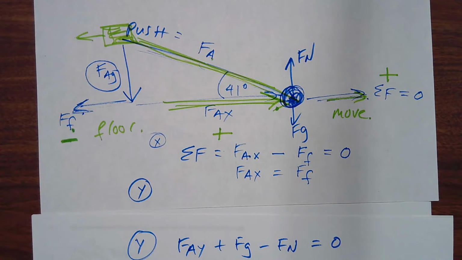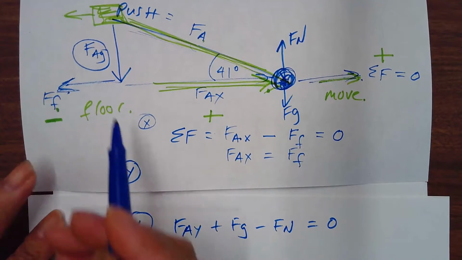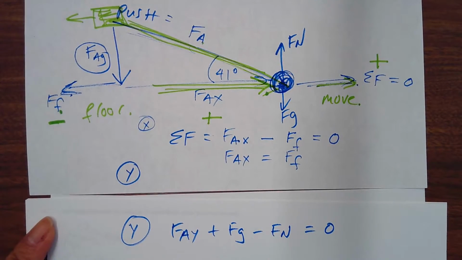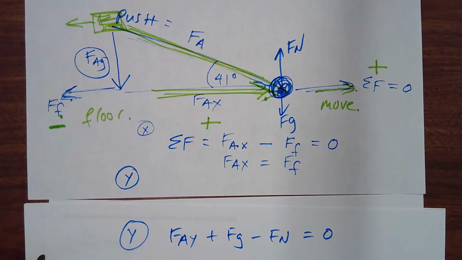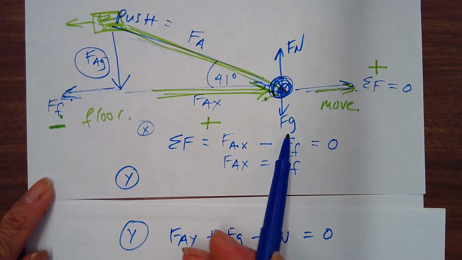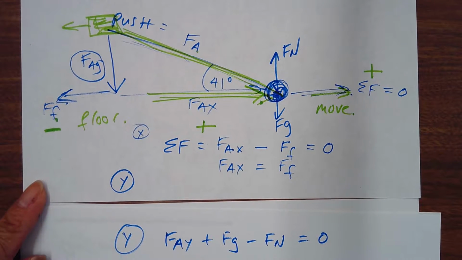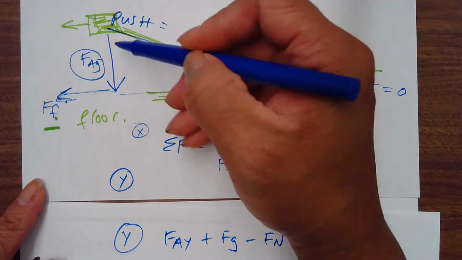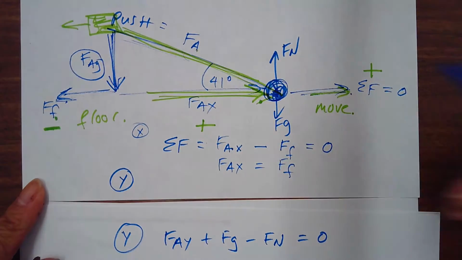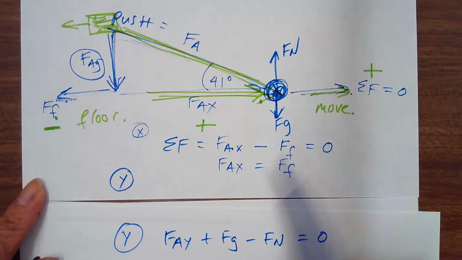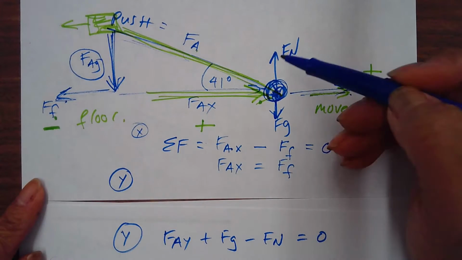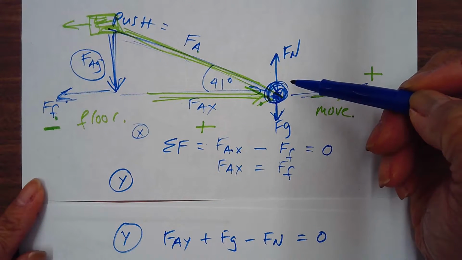Now I go, well, how do I know which one's positive, which one's negative? Well, you're applying a force down, aren't you? You're pushing the broom down. Let's take a look at the Fg and Fay. Are they in the same direction? Yes, they are. So I added them together. Fay, which is down, and then Fg, which is down. I combine the two, minus the Fn, which is the opposite. Is that okay?